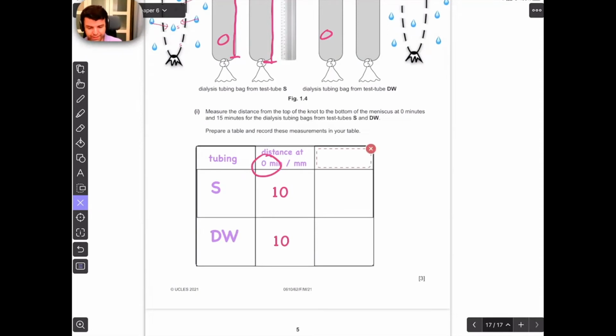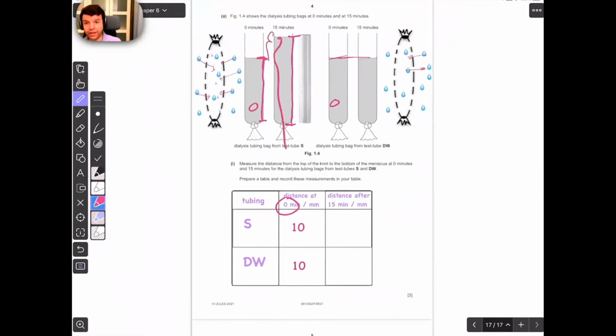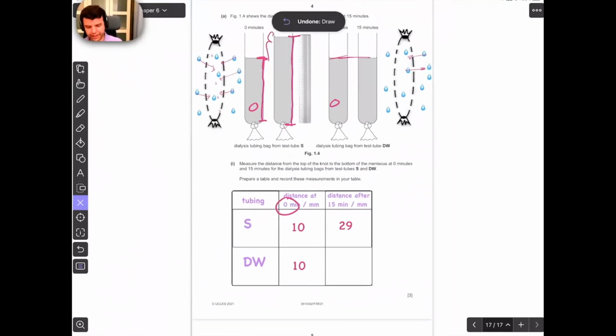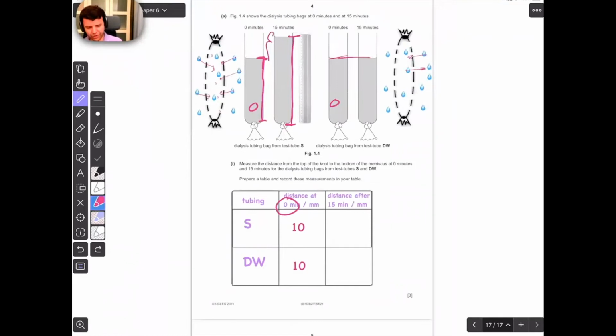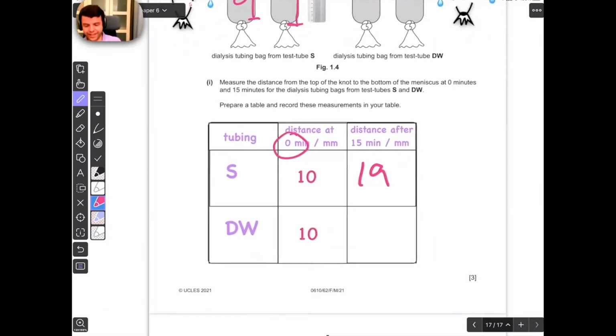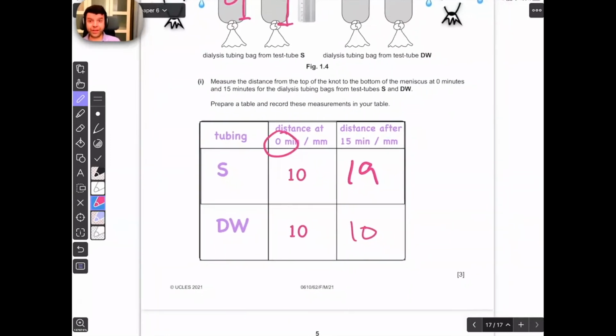After 15 minutes, they said, this bag got more size, right? So I'm going to say, that number is too big, I'm just going to say it's nearly 19, okay? I'm just assuming the numbers because I didn't do the measurement myself, okay? Then DW is not going to change its size, okay? If someone has done the measurements, he could tell me here.